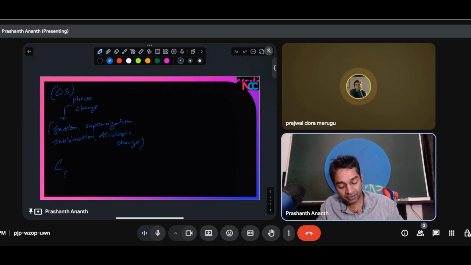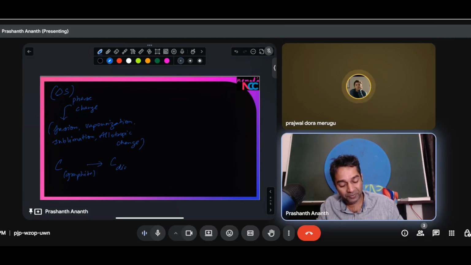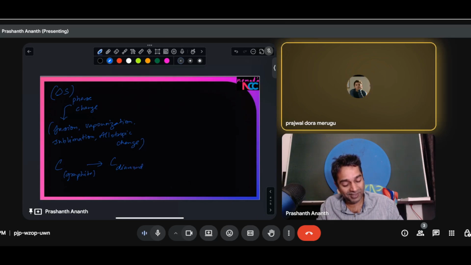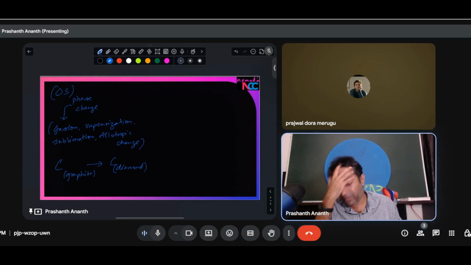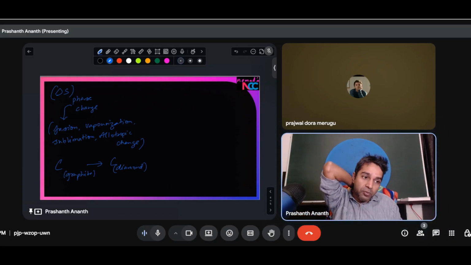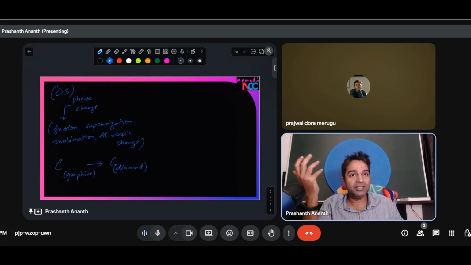Like changing diamond to graphite to diamond. I just forgot the term allotrope. So when you have carbon graphite being changed into carbon diamond, or rhombic sulfur changed into monoclinic sulfur, that is an allotropic change, meaning the crystalline structure internally is changing, and that change is mentioned as allotropic change.